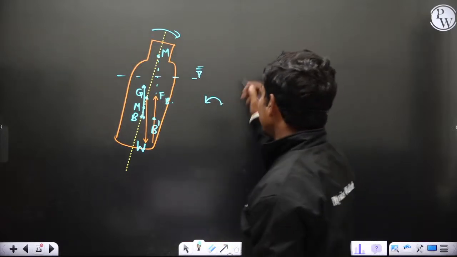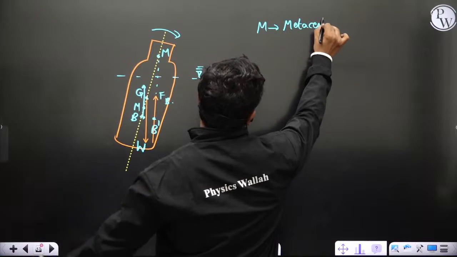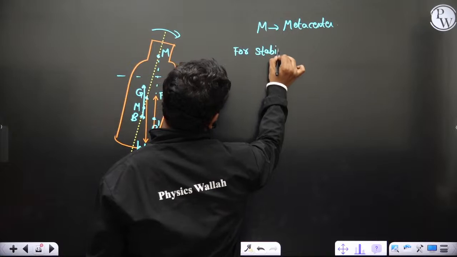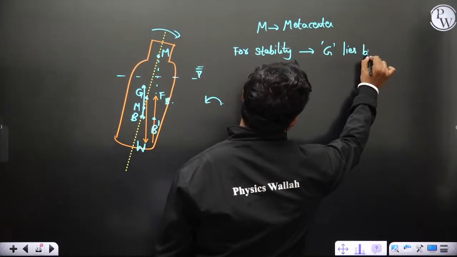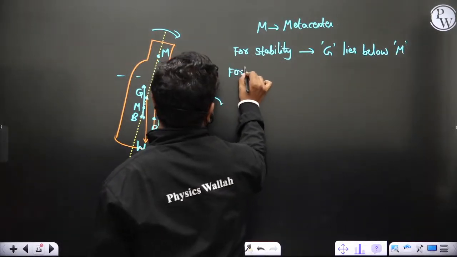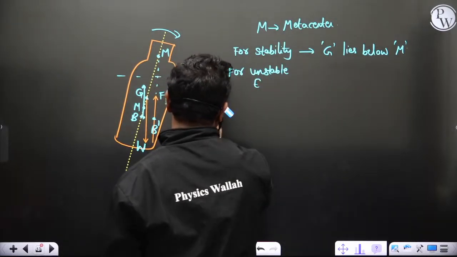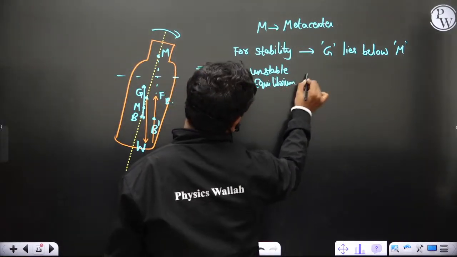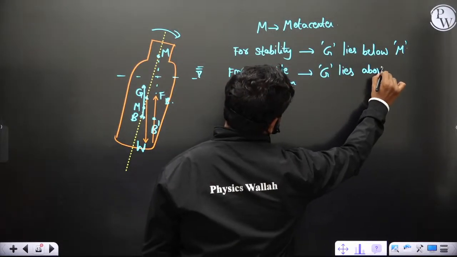Okay, so M is the metacenter, for which I have given the definition. So first, stability of floating bodies: for stable equilibrium, G lies below M. Okay, and for unstable equilibrium, G lies above M, which is like this.